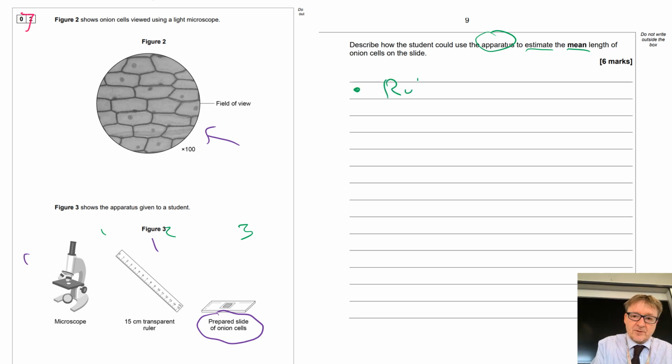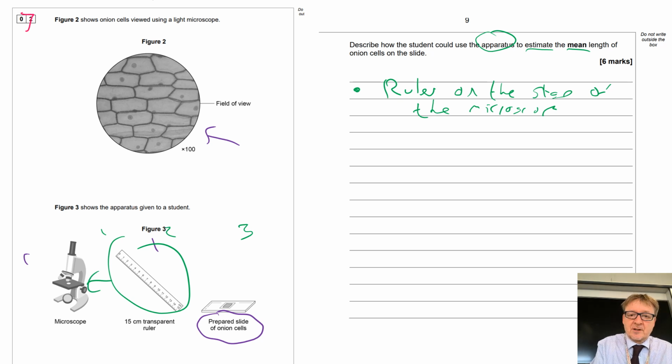First thing I'm going to do is put my ruler on the stage of the microscope. Bullet point number 2, let's change colour.